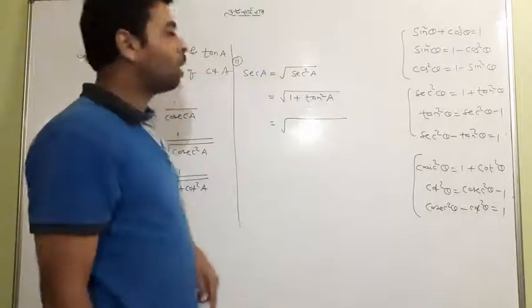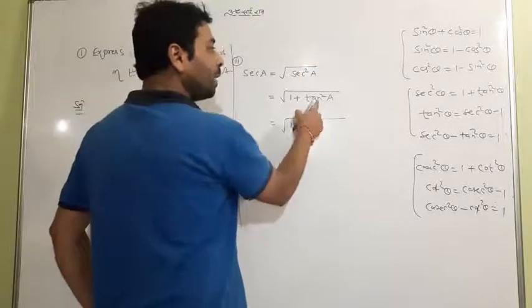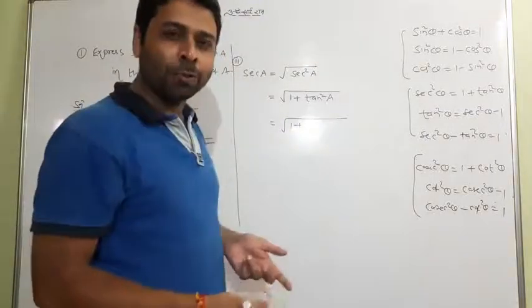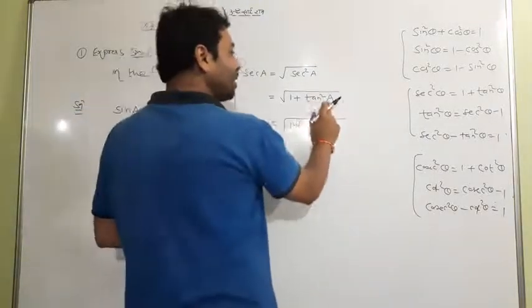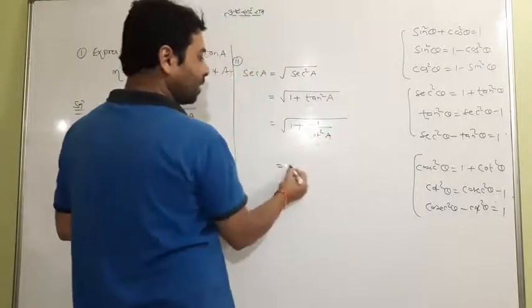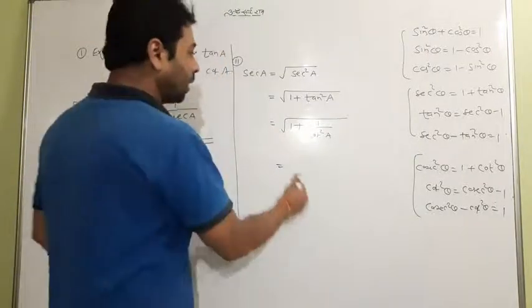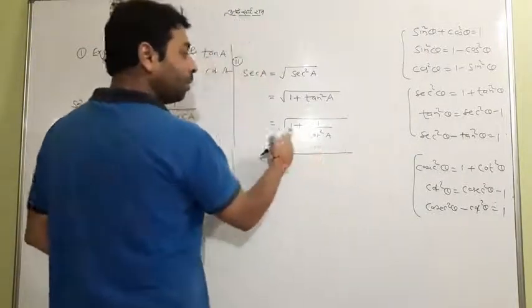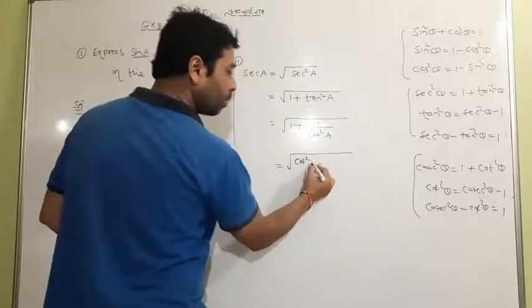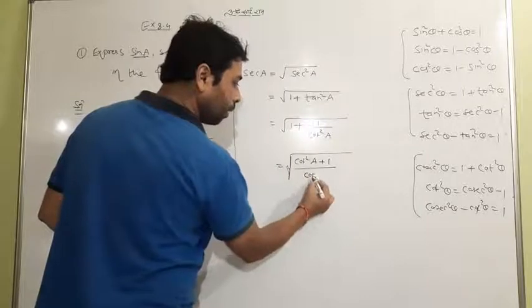Now I want my answer in cot form. We know that tan A is the reciprocal of cot A. So I would change it: tan A is equal to 1 by cot A, and tan square A is equal to 1 by cot square A. Very easy. Now take an LCM: cot square A plus 1 upon cot square A. Simple.